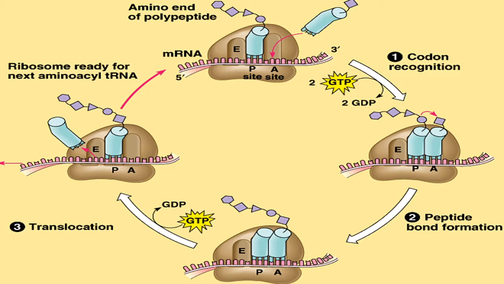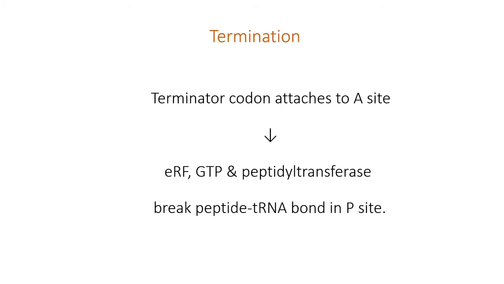The whole cycle is repeated. Lastly, termination. When a terminator codon appears in the A site, eRF, that is eukaryotic release factor, GTP and peptidyl transferase hydrolyze the bond between peptide and tRNA in the P site.